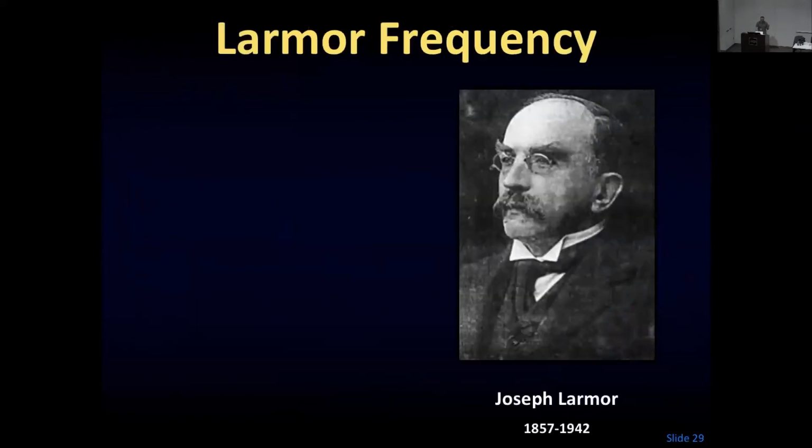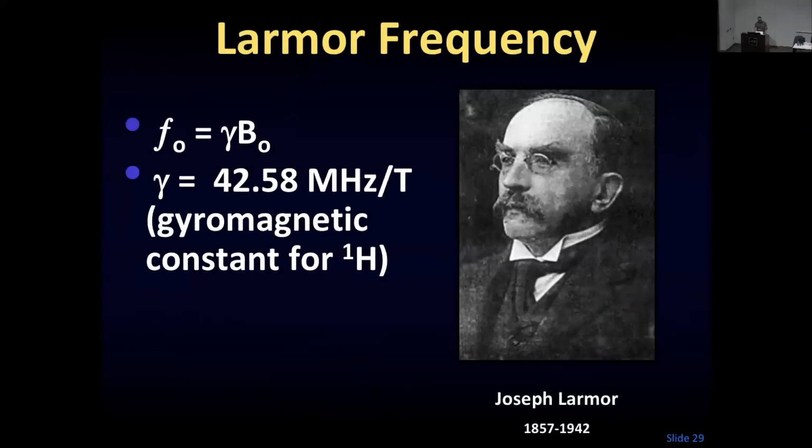And then you might ask, well, what frequency do they precess at? And that's governed by the so-called Larmor equation. The precessional frequency is equal to the gyromagnetic ratio times the external magnetic field. For protons, the gyromagnetic ratio is 42.6 megahertz per Tesla.